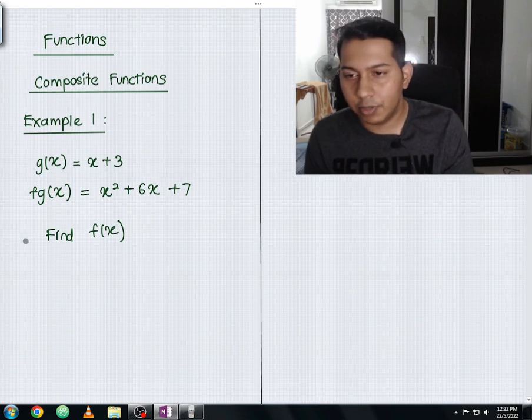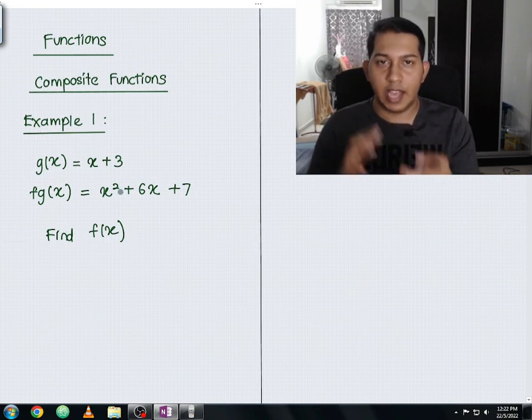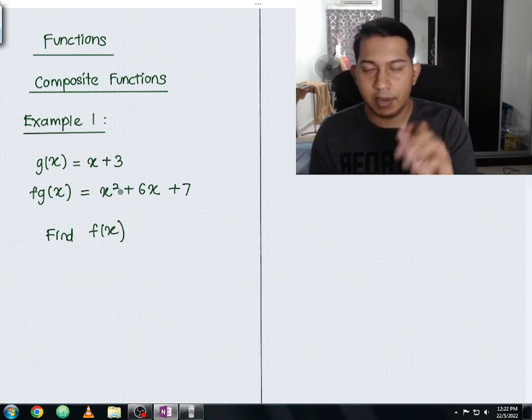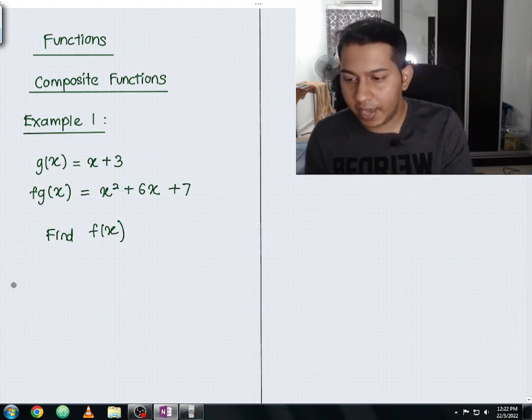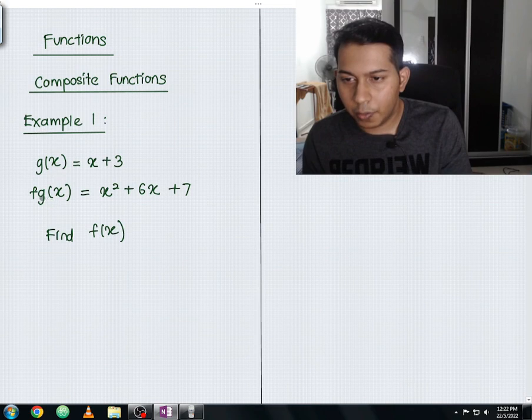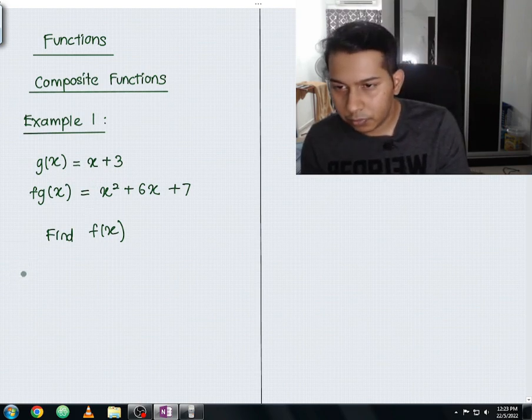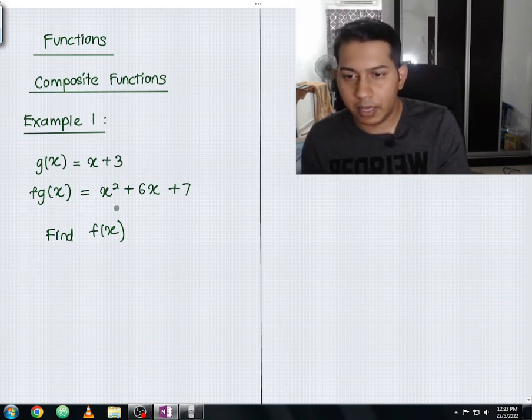So let us proceed to solve this question. I'm going to teach you how to solve this question, guys. Step number 1: in f(g(x)), you have the g(x) function. This g(x) function you substitute as x plus 3 on your left hand side. But before that, you copy back this working, where f(g(x)) is equal to x squared plus 6x plus 7.